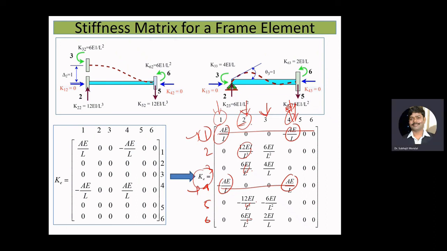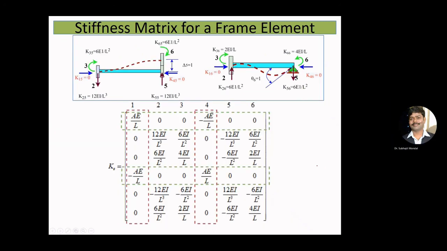Now we applied unit displacement at the second degree of freedom and unit rotation in the third degree of freedom. So we obtain our values corresponding to the second column, third column, and second row, third row. Now, if we apply unit displacement in the fifth degree of freedom and unit rotation at the sixth degree of freedom, we can fill these two columns, and you'll observe that we are getting the values here.